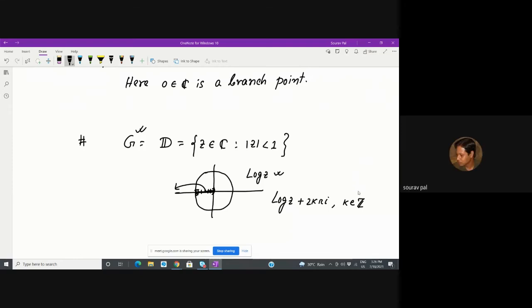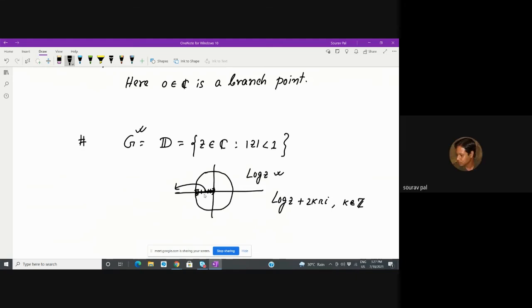If you change k, you have a new function. No, I'm asking the geometrical viewpoint, sir. How can we visualize this other branch cut? That's my question.